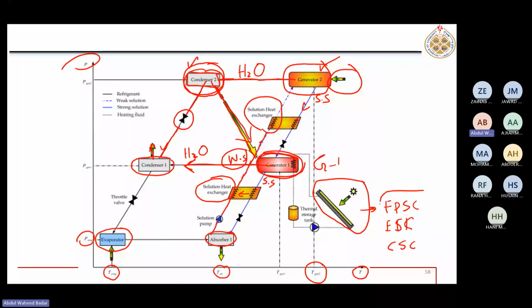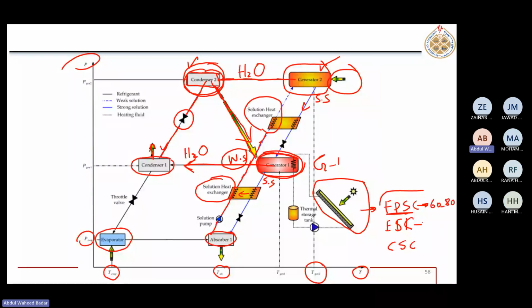Flat plate collectors are the simplest, but they can give temperature in the range of 60 to 80. But evacuated type solar collectors can give us temperature around 80 to 150.